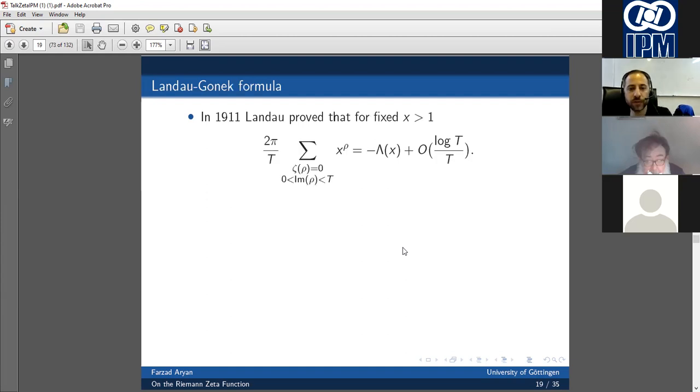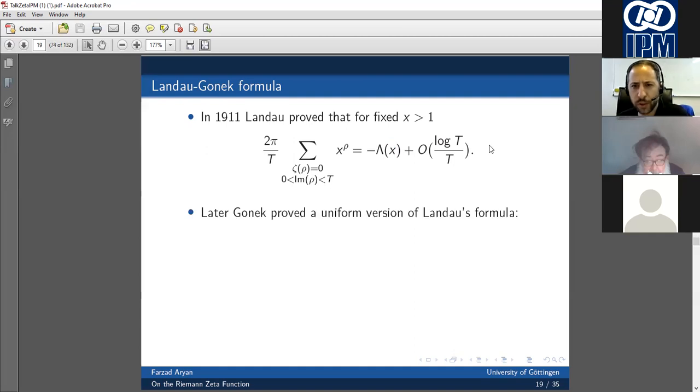Landau proved that you can write the indicator function of primes in terms of the variable to the power of zeros of the Riemann zeta function, like an average of them. It's an arithmetic function, the indicator function of primes, and you can nicely write it as x to the power rho.